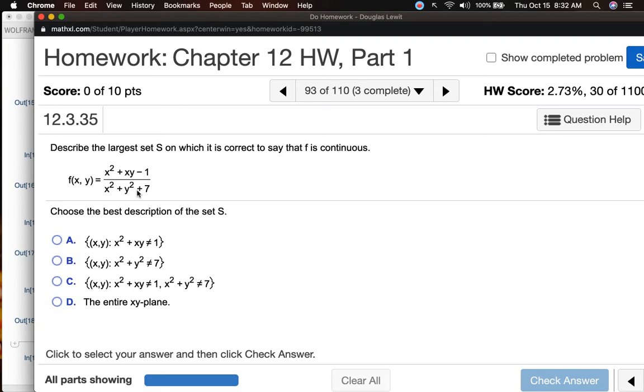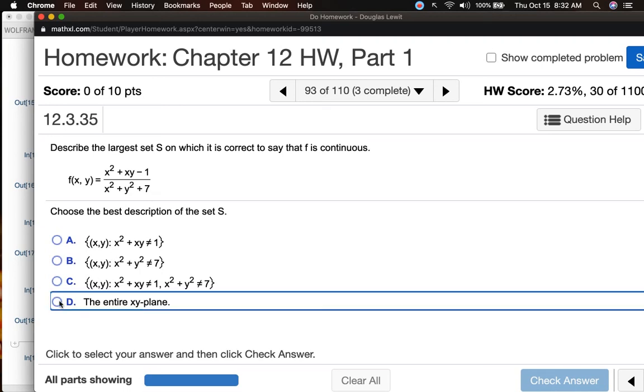It's impossible, because x squared is always positive or 0, and y squared is 0 or positive. But for any values of x and y, the numerator has to be 7 or some number greater than 7. So therefore, the answer should be the entire xy plane.